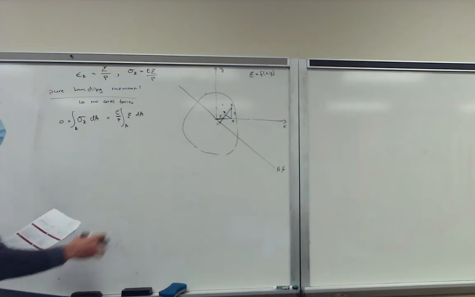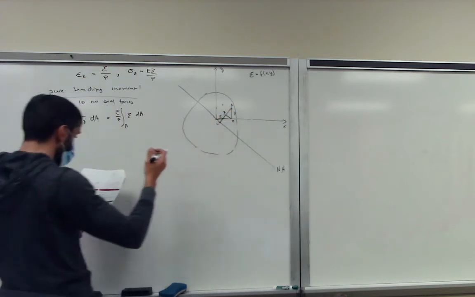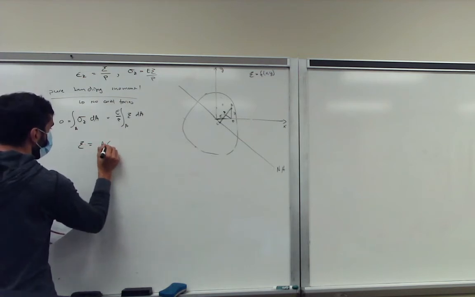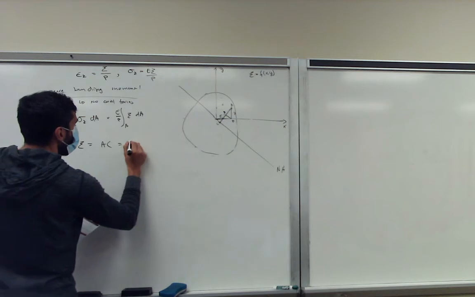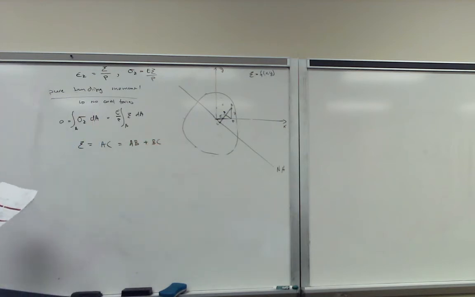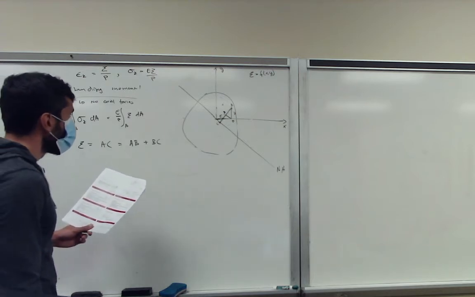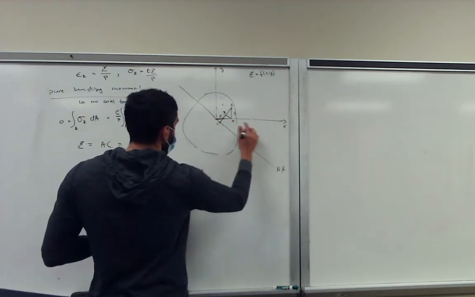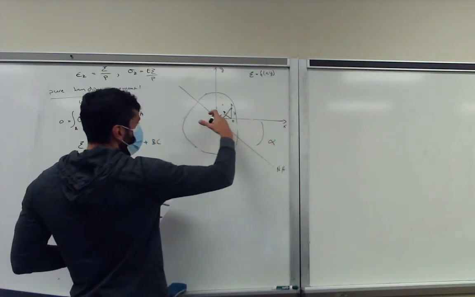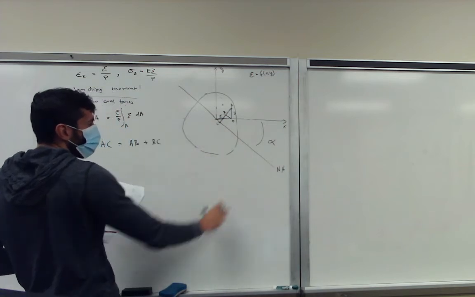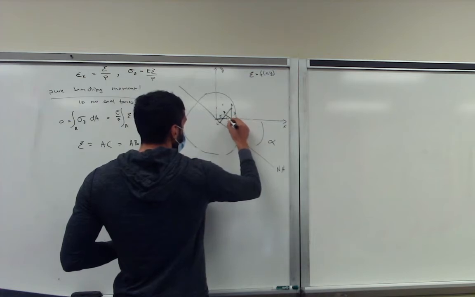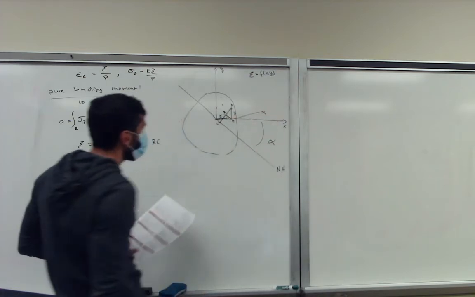Okay, so we know that psi is the length AC, which is equal to AB plus BC. We also know that this is alpha, the angle between the centroidal axis and our neutral axis. Therefore, by the angle-angle theorem, this is alpha as well.